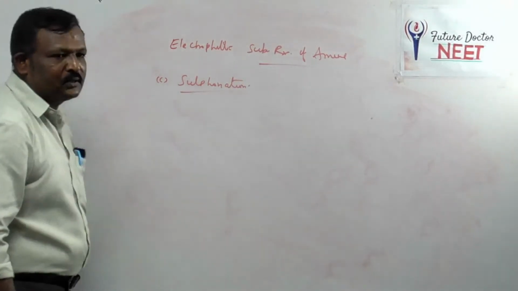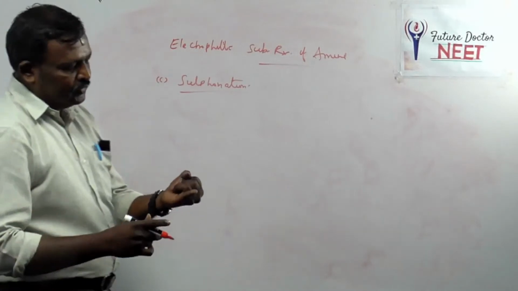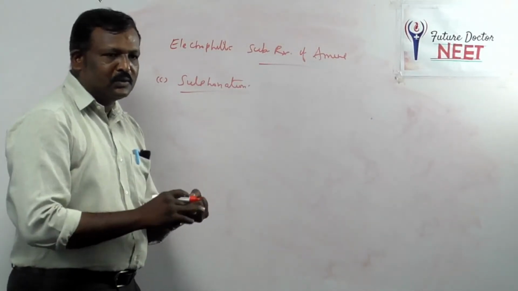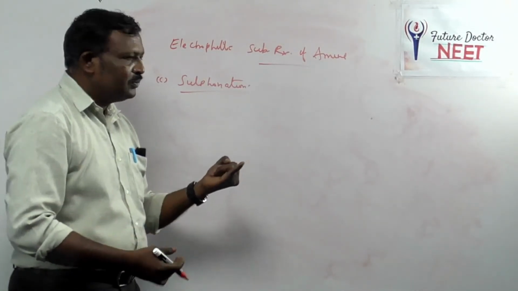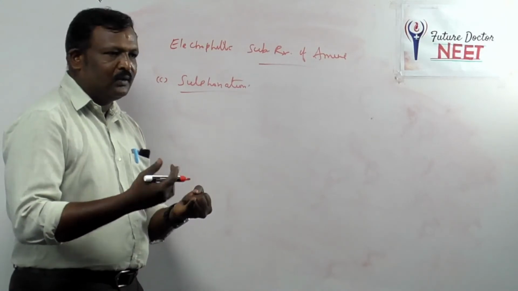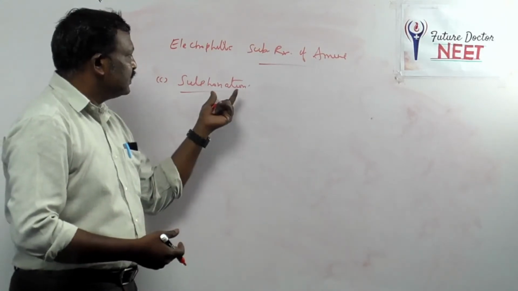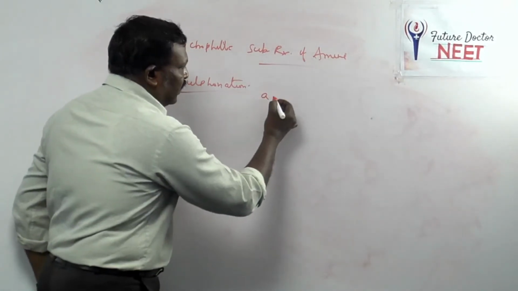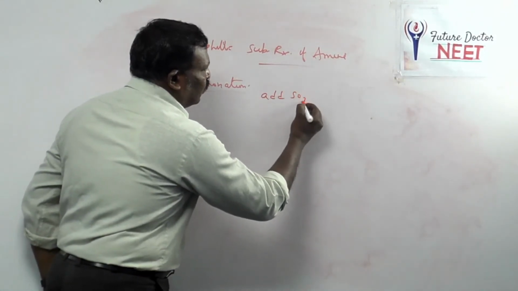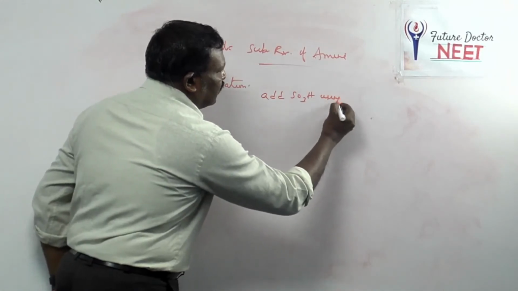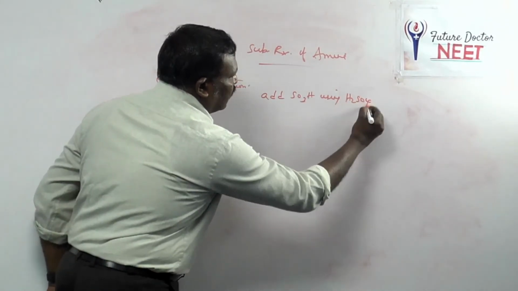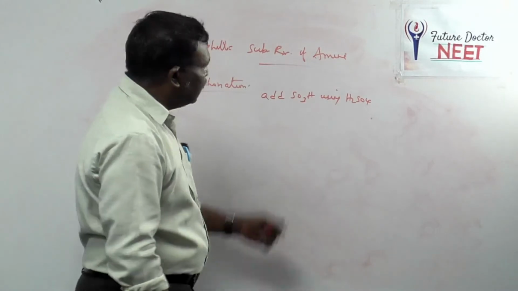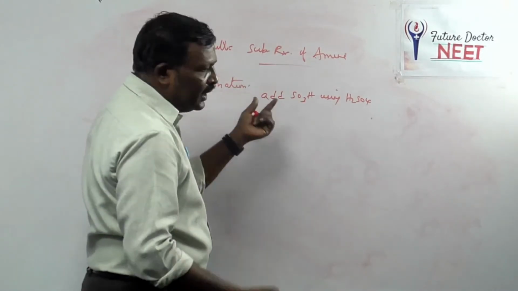Nitration means we can use nitric acid. Halogenation means we can use any halogen, chlorine or bromine. Sulfonation means we should use sulfuric acid, to add the SO3H group, the sulfonyl group.